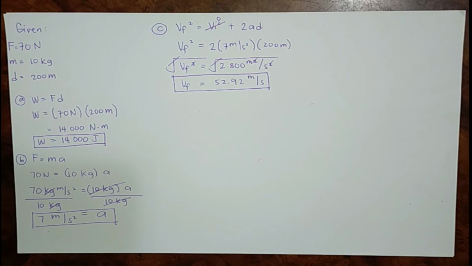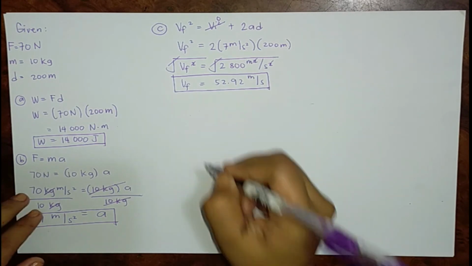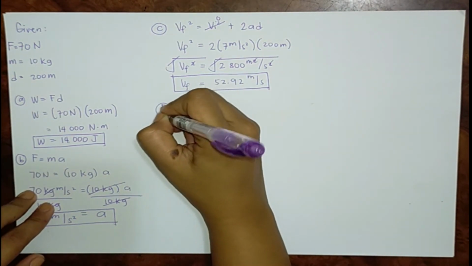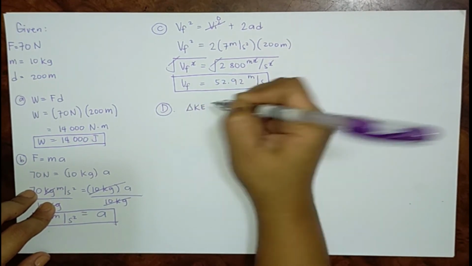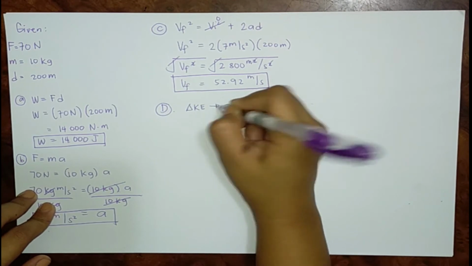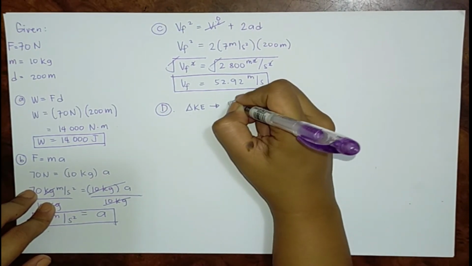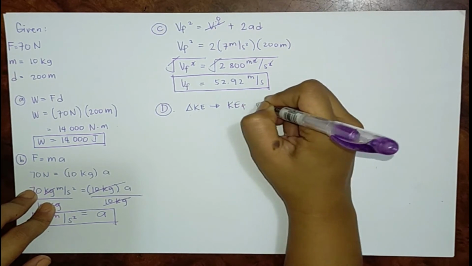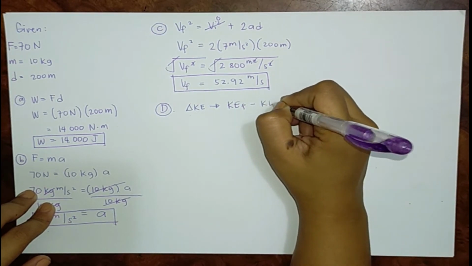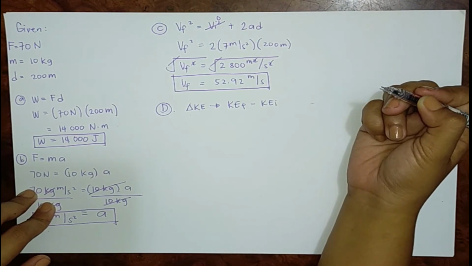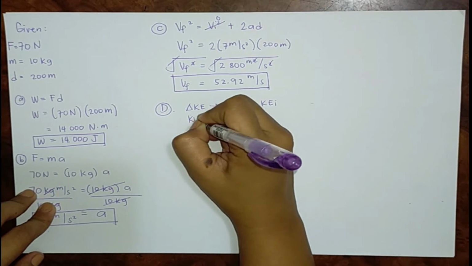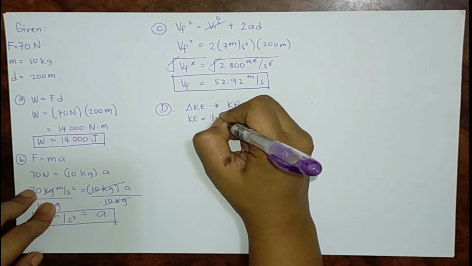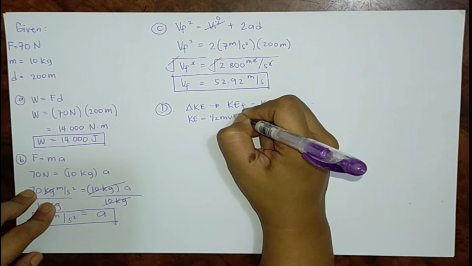For letter D, we are going to determine the final kinetic energy. Let us go first to the delta KE. Delta KE can also be written as KE final minus KE initial. And as we all know, the equation for the kinetic energy is KE equal to 1/2 mv squared.